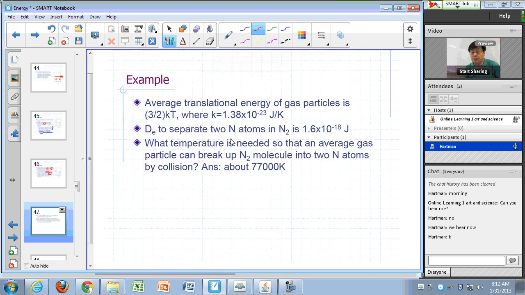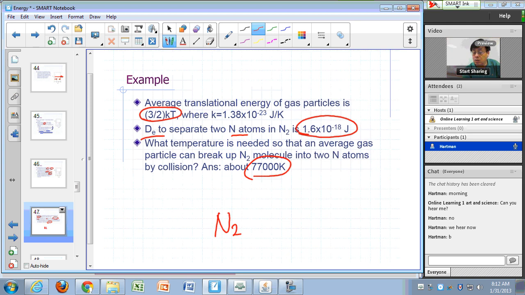And this is more of the same. This is given the dissociation energy of two nitrogen atoms in an N2 molecule, 1.6 times 10 to the negative 18 joules, and the average translational energy in joules is given by this formula, 3/2 times k times T. So you can do the calculations, and you'll find that if you want an average atom to cause a pair of nitrogen atoms to separate, you're going to be looking at a temperature of at least 77,000 Kelvin.